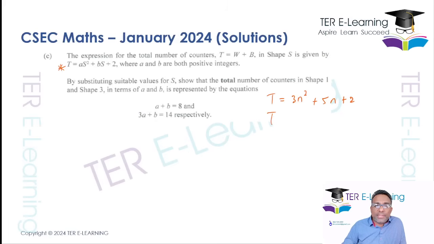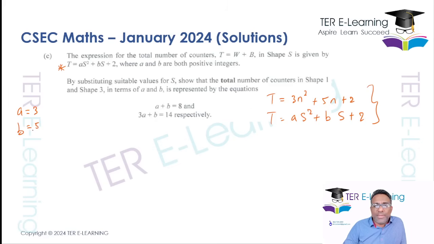They're telling us that it is given by this formula here: A s squared plus B s plus 2, right? So basically, if we compare these two equations, we can say that A is equal to 3 and B in this case is equal to 5.